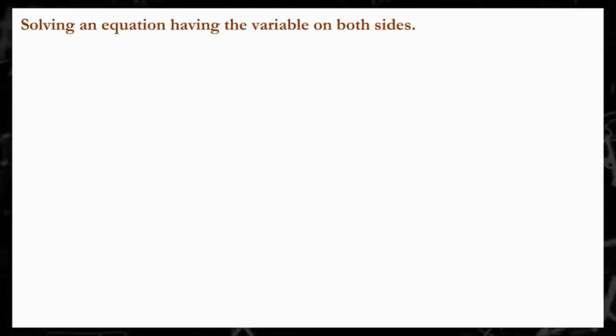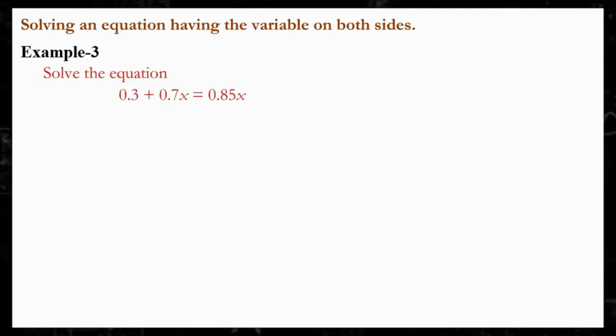Solving an equation having the variable on both sides. Example 3. Solve the equation 0.3 plus 0.7x is equal to 0.85x.